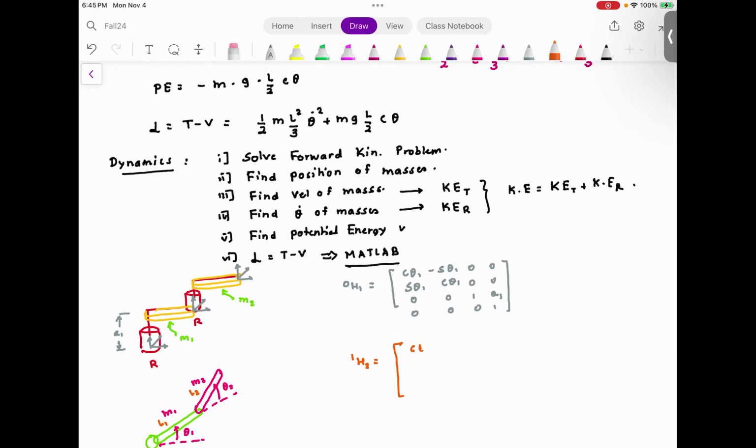I will write this down. Theta 1, this will become L1, theta 2, cosine theta 2, minus sine theta 2, sine theta 2, cosine theta 2, 0, 0, 0, 0, 1, 0, 0, 0.